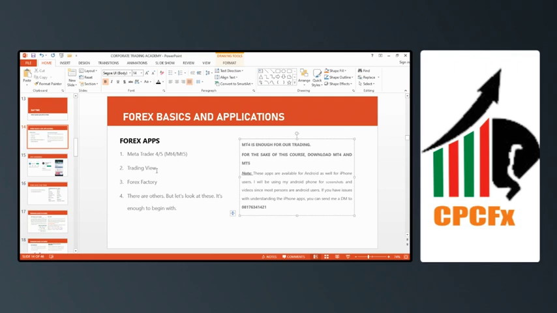Then we have Forex Factory. Forex Factory is basically for fundamentals. You want to look at news, you want to see what is happening in the world, you want to see the CPI data, everything.